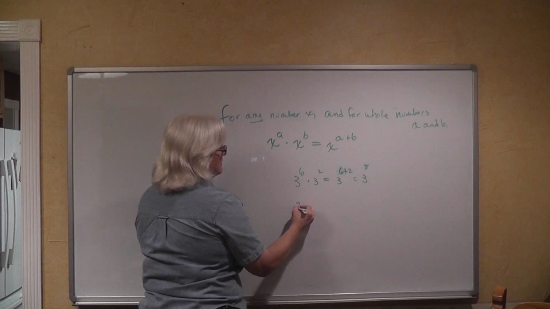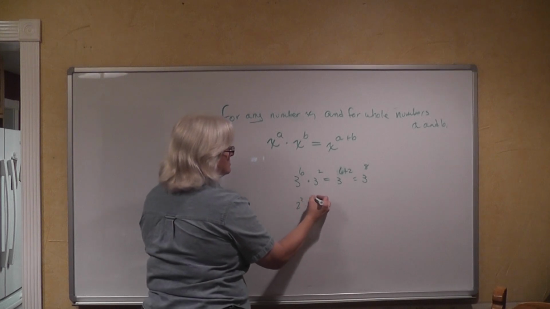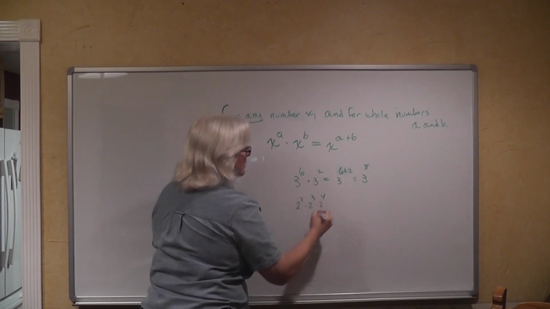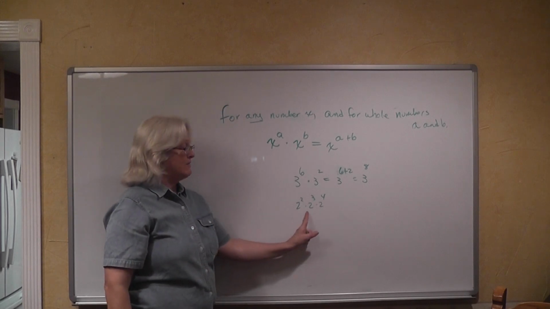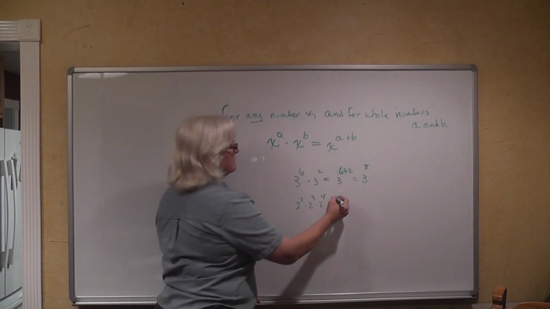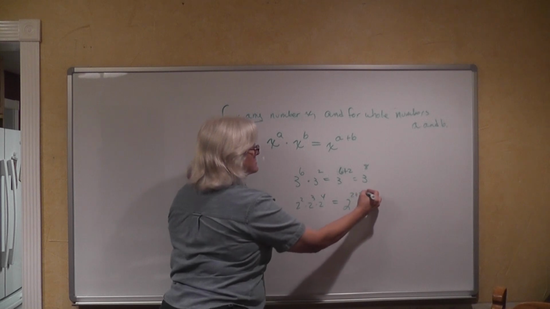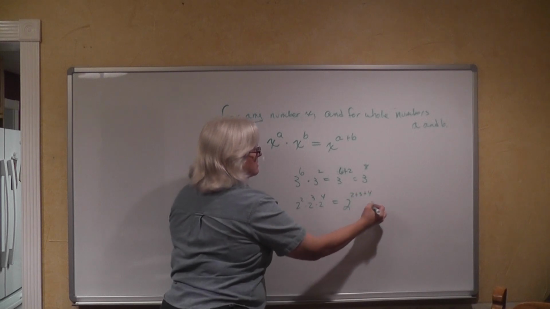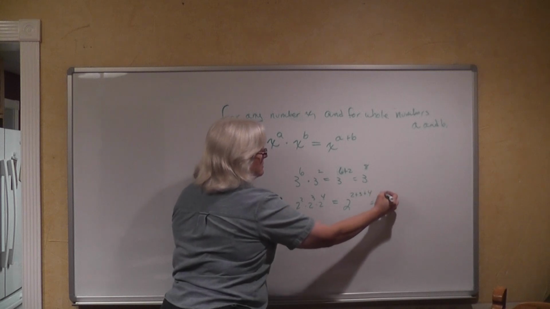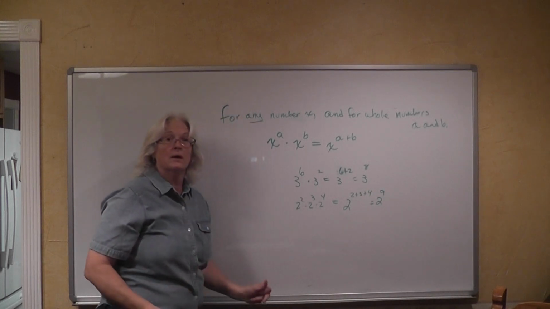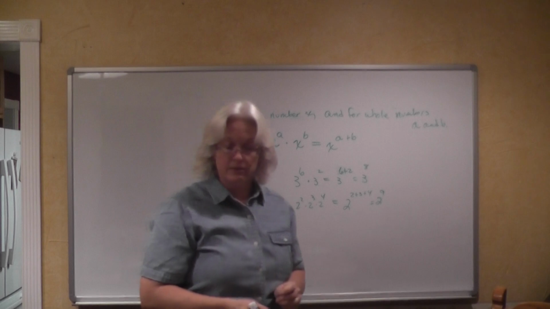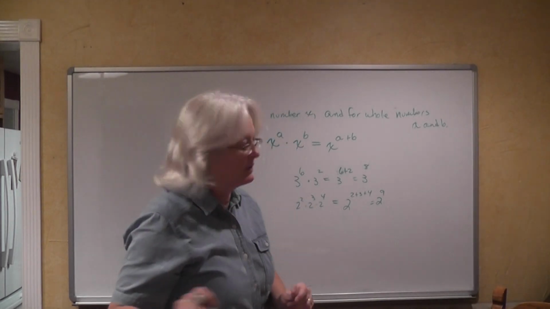If you have 2 squared times 2 cubed times 2 to the 4th, you have the same base, so you're going to keep that and add the exponents, 2 plus 3 plus 4 is 9, so it equals 2 to the 9th. It's simply a pattern that they want you to recognize.